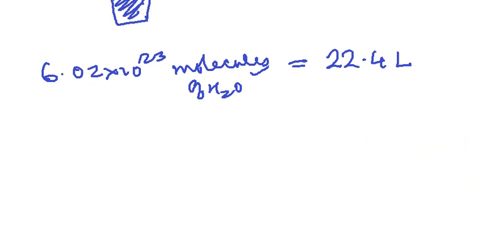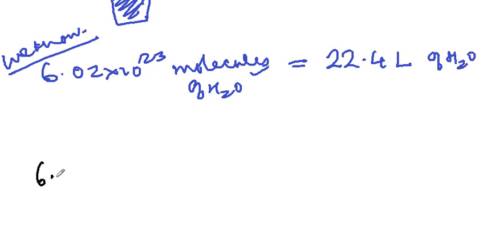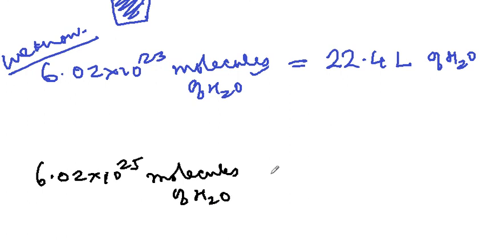So what we have is, we know that in this many molecules of water there is 22.4 liter of water. Now if we have 6.02 into 10 to the power of 25 molecules of water, then what is the volume of water that is there in that particular glass? This is the one that we want to find. This is exactly the same as 6 chocolates cost you 22 rupees, let's say.